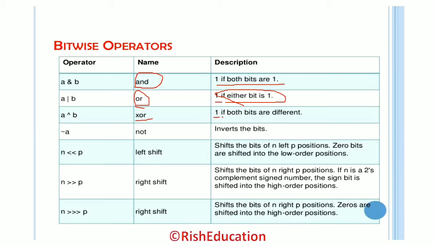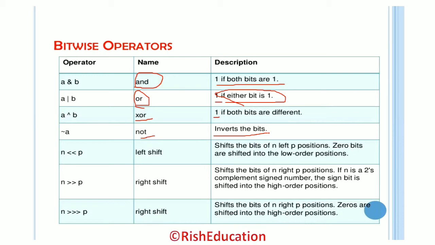And the last one is the NOT or complement operator. It inverts the bits, that means it converts 0 to 1 or 1 to 0.